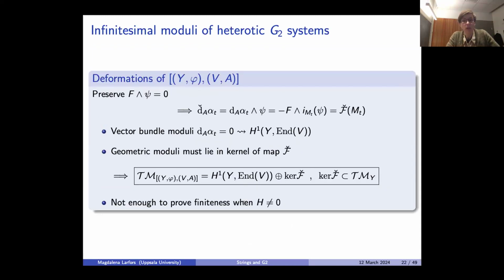So then we include the other components that go into this heterotic construction. And it's not so strange that we have to do this, because we've seen through these conditions that define the heterotic G2 system that there are relations between the bundles and the geometry through the G2 instanton condition. So we have the condition that F wedge psi should be 0.